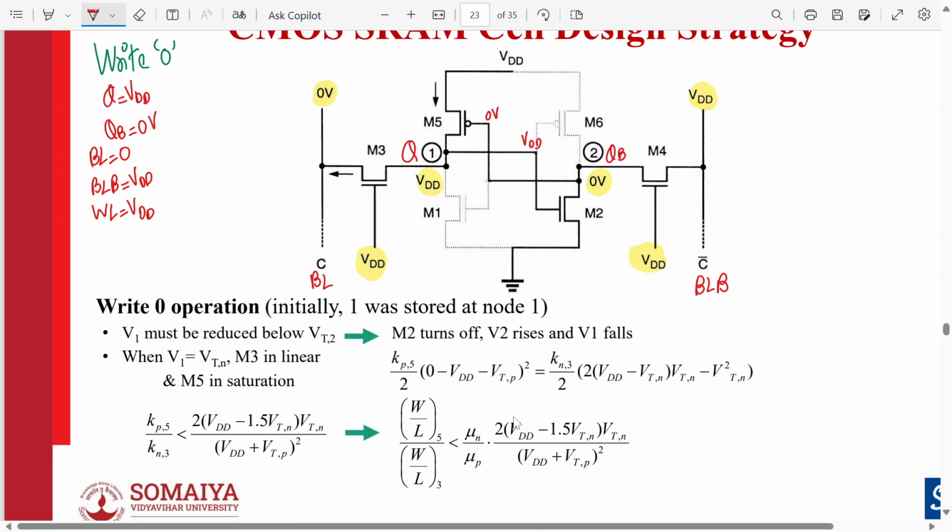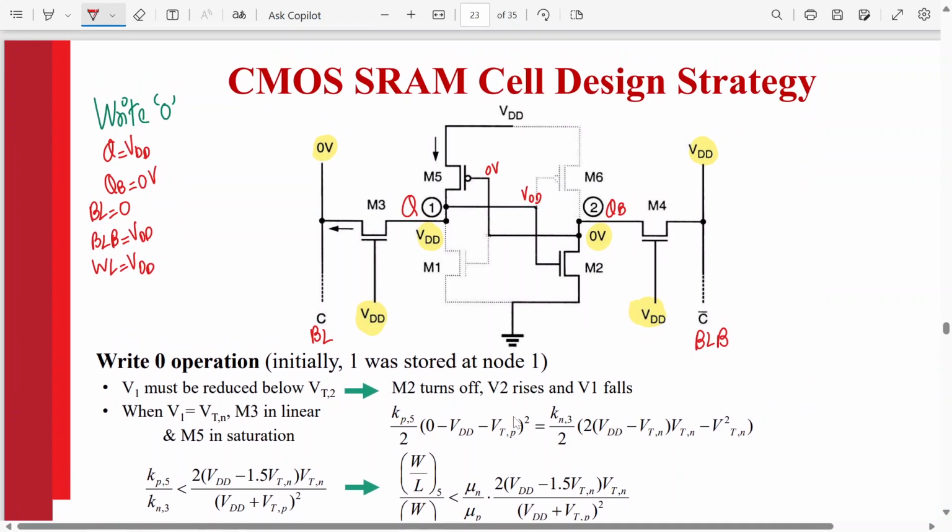Acha. Here I'll tell you the problem. So M5 is on. So node Q is precharged, I mean is charged to VDD.